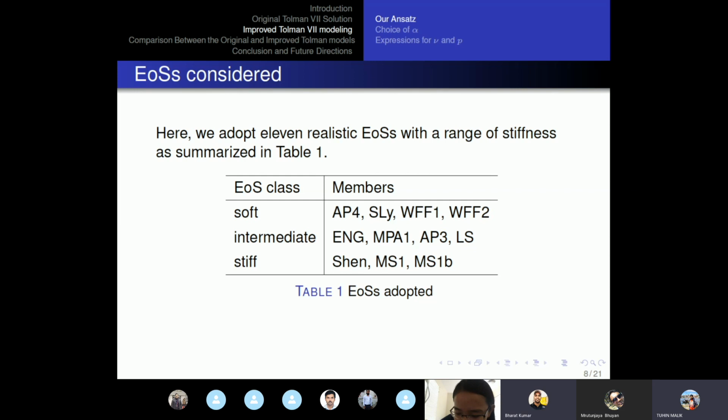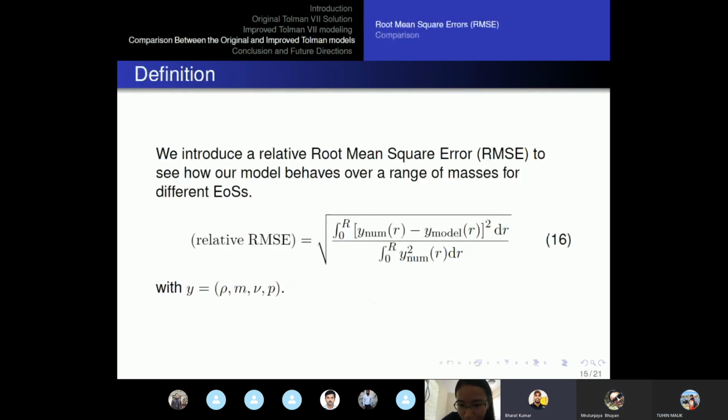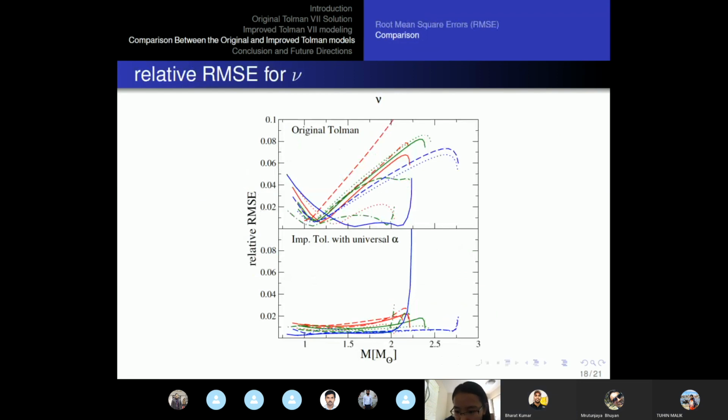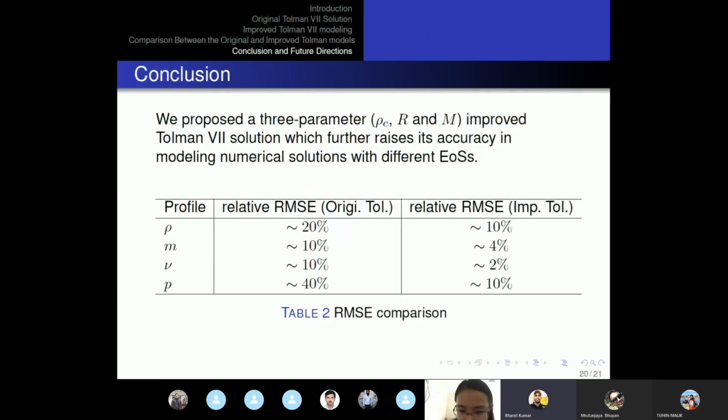Can you go to slide number 20? Yes. So here in the table, you have shown that the original Tolman gives an error up to 10% in the root mean square deviation.